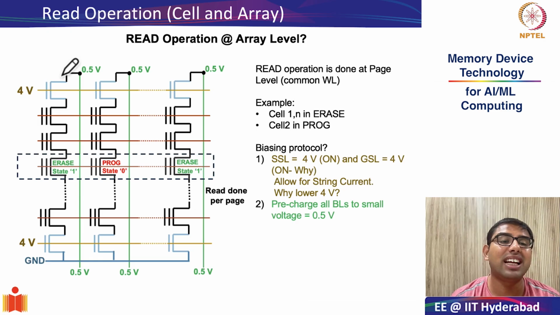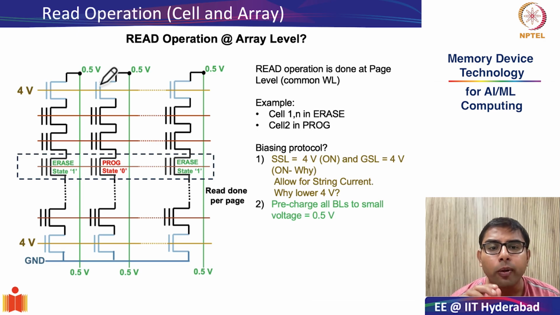So bit lines are generally pre-charged. The meaning of pre-charge is that the bit line and the corresponding cells have a large capacitance along with the resistance. So that is why this word pre-charge is being used. It is just similar to what happens in SRAM and DRAM.